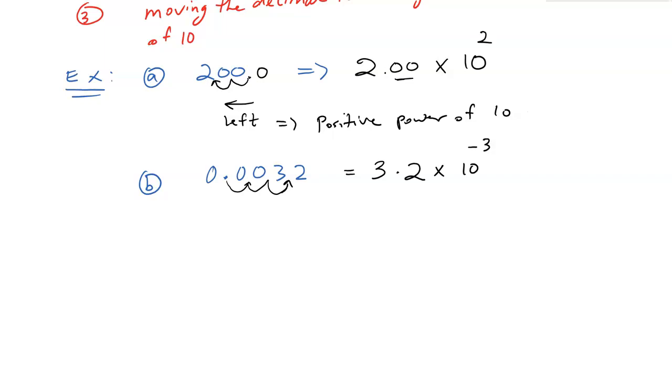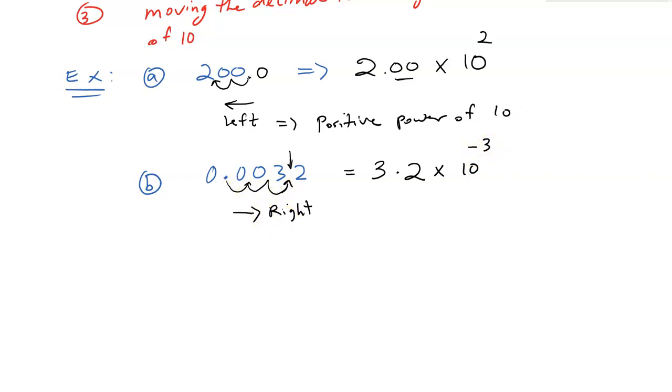All right, in this case we now have 0.0032, and we are moving the decimal to the right, 1, 2, 3. We stop right there because at the first non-zero digit we have to stop. So we write 3.2 times 10 to the power of negative 3, because the decimal has been moved to the right.